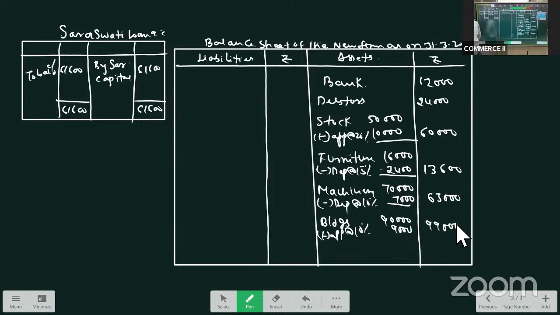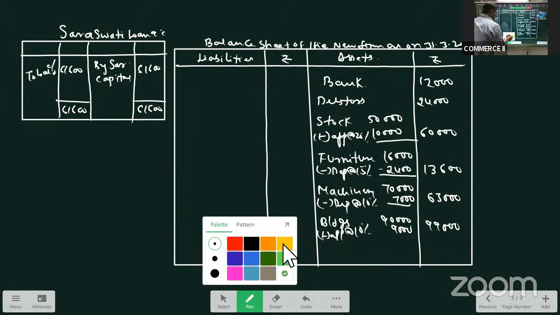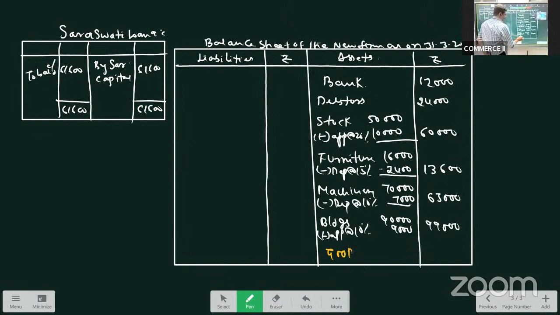And lastly, tell me what I have to take. I have to take goodwill, because when goodwill is valued, it will show a debit balance. It has to be shown on the asset side. Whenever goodwill is valued or raised or created, it will show a debit balance. It will not get closed. As such, it has to be shown on the asset side.